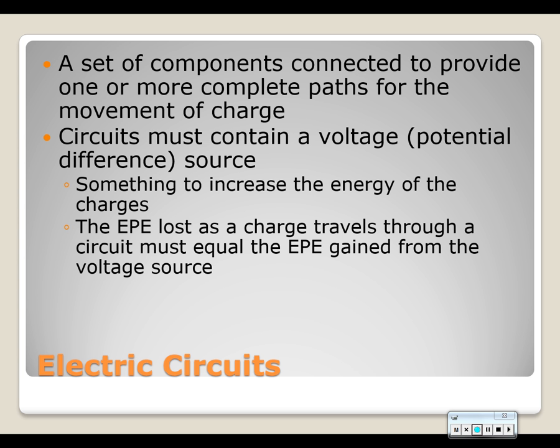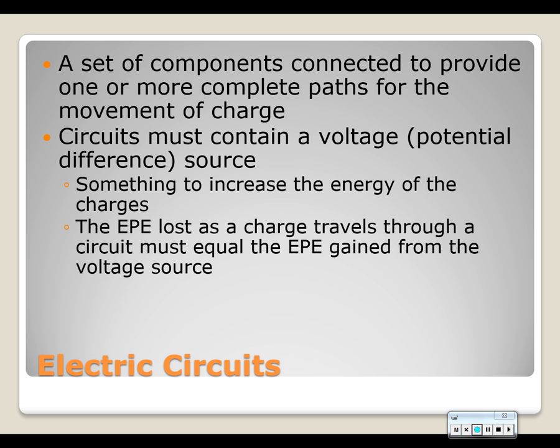But then the circuit also provides a path where the energy that the charges gained by going through the battery is then turned into other forms of energy, whether that be light, like in a light bulb, or heat, like in a toaster, or sound, like through a speaker, right?